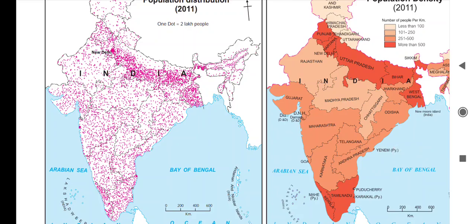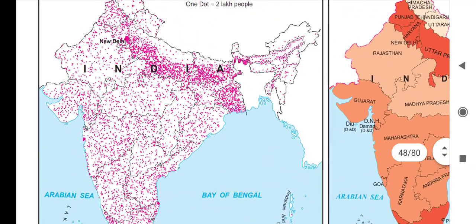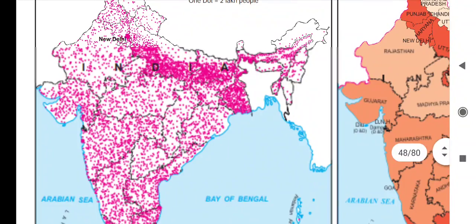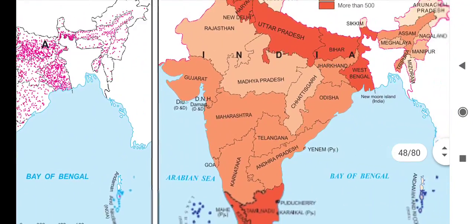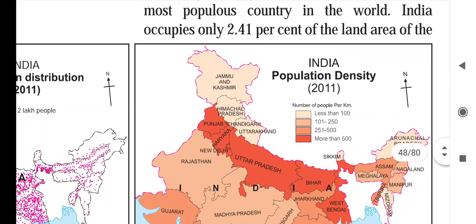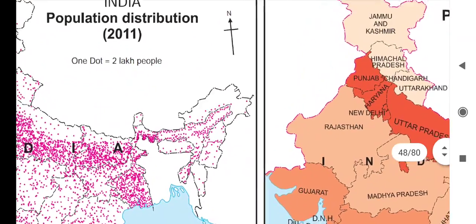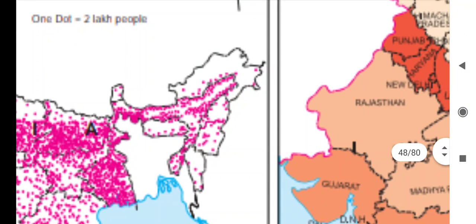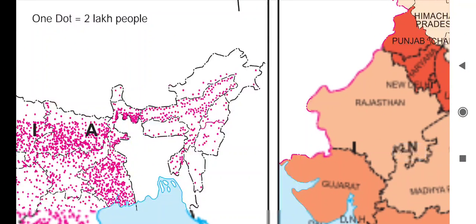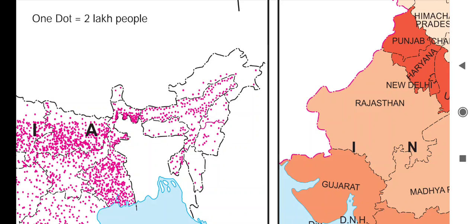And another, now see here, Jammu Kashmir, Himachal Pradesh, Arunachal Pradesh. So these are the places where population is very less. Why? Because of the same thing, climatic condition.